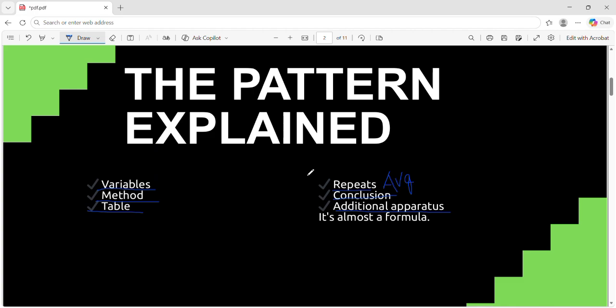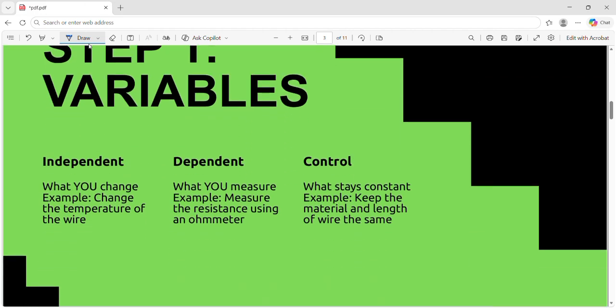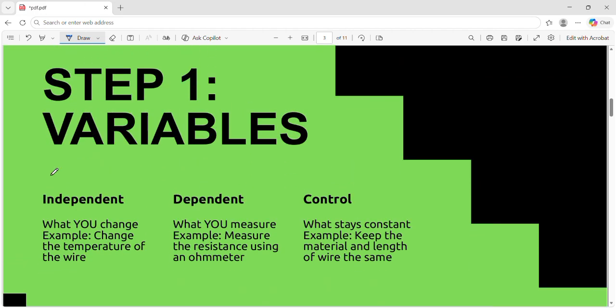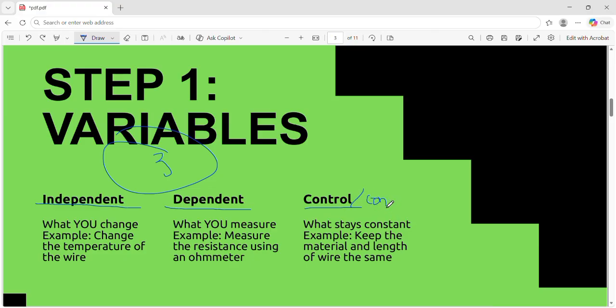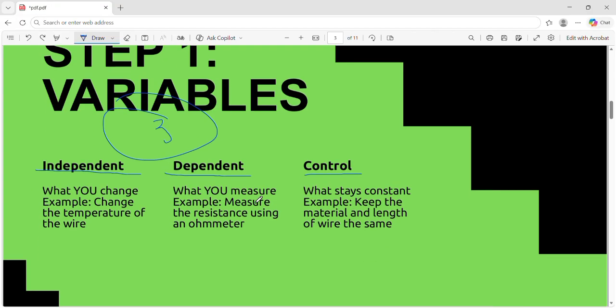Okay, so step 1, variables. Variables are of 3 types in this type of question: independent variable, dependent variable, and control variable. Or you can write constant, but it's better to write control.